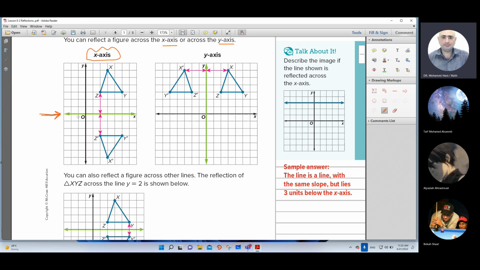But the reflection here is about the x-axis, the line of reflection. And if the reflection is across the y-axis, this is the y-axis.